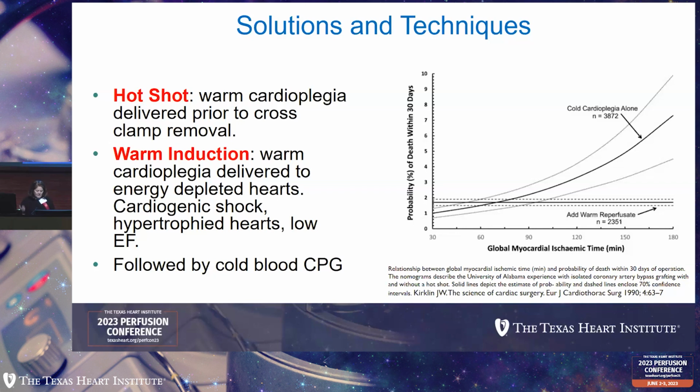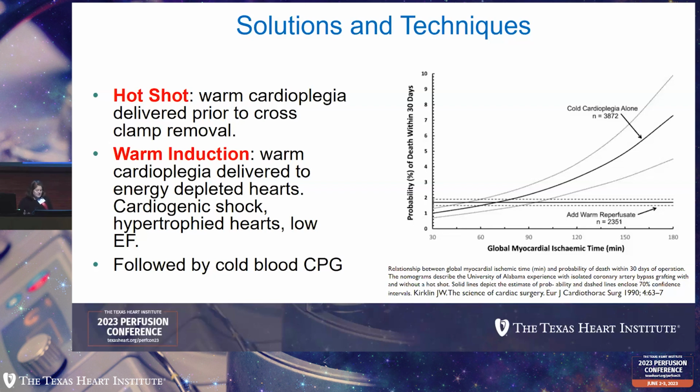He compared over 3,800 patients receiving cold blood cardioplegia alone to almost 2,400 patients receiving warm cardioplegia reperfusate, the hot shot, before the clamp was released, and demonstrated a significant decrease in mortality when you use a hot shot.